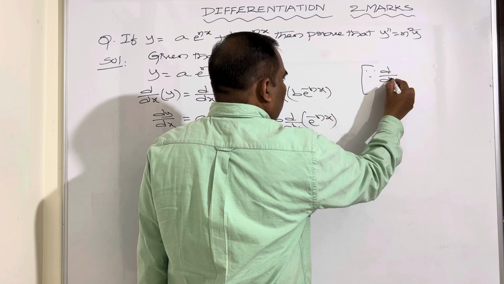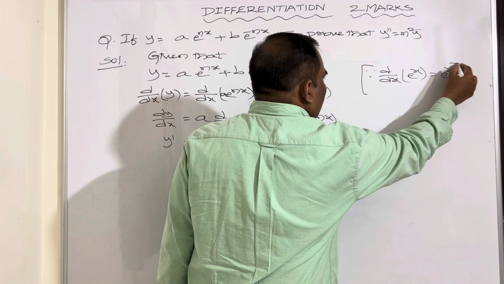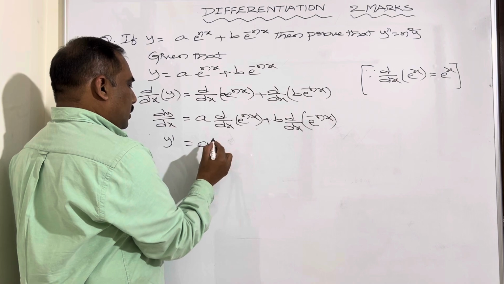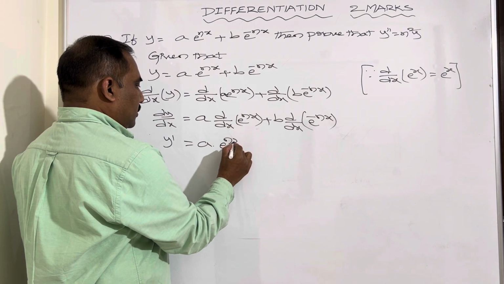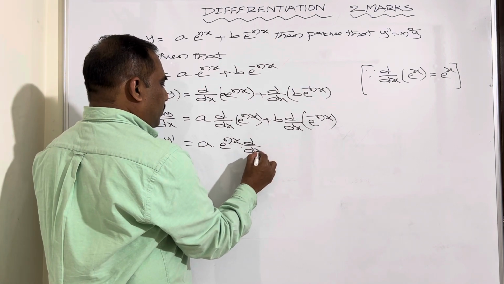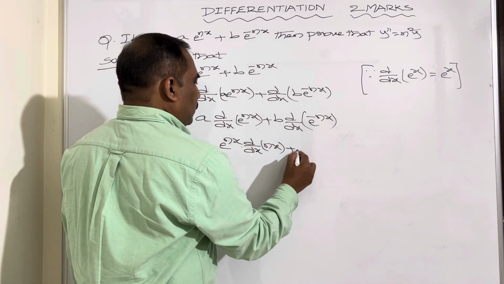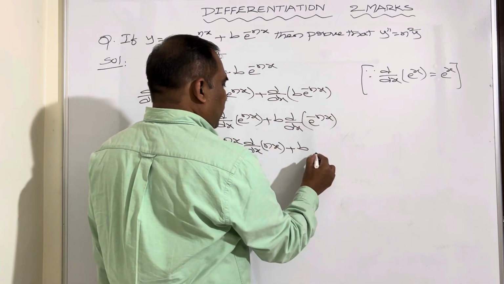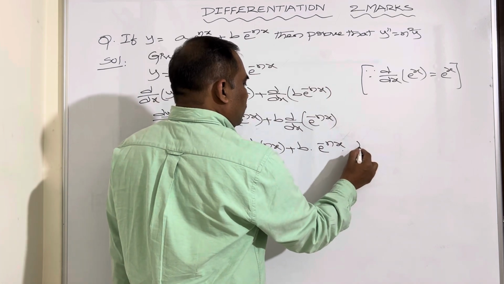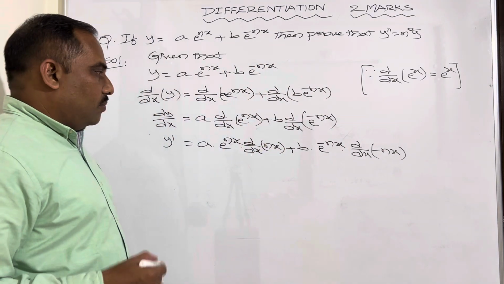We know the derivative d by dx of e to the power of x is e to the power of x. So a into e to the power of nx into derivative d by dx of nx. Similarly here, b into e to the power of minus nx, into d by dx of minus nx.